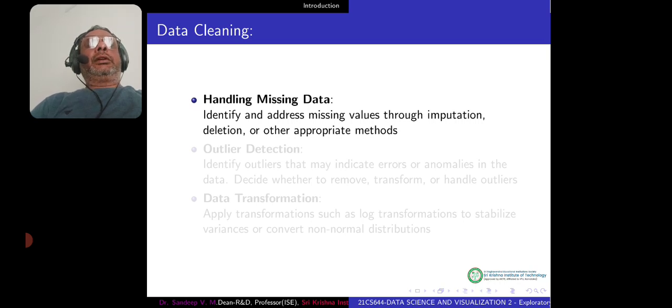While doing that, we need to identify and address the missing values either through imputation or through deletion or other appropriate methods. If most of the cells in a row are missing, the whole row can be removed or deleted.